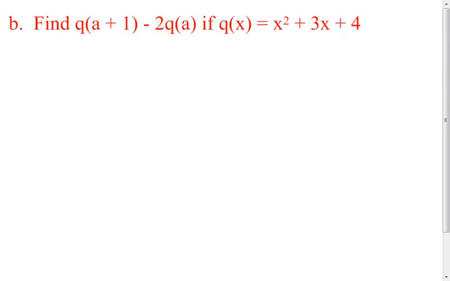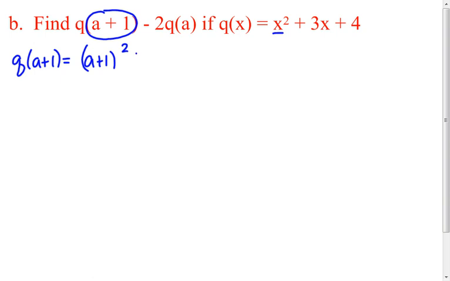All right, this one's a little tricky, but we can do it. Okay, so the first thing it wants me to do is find q of a plus 1. So I am going to plug a plus 1 into that quantity wherever I see an x. Okay, so I'm plugging it in right here. Wherever I see an x, I am going to put in a plus 1.